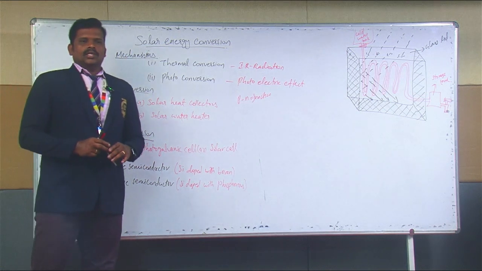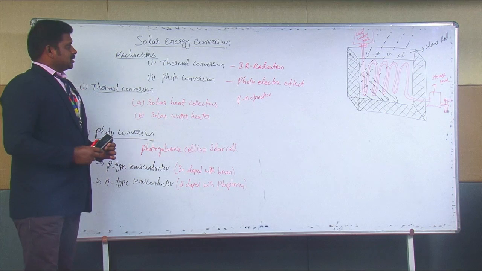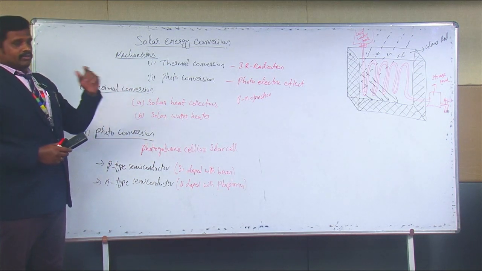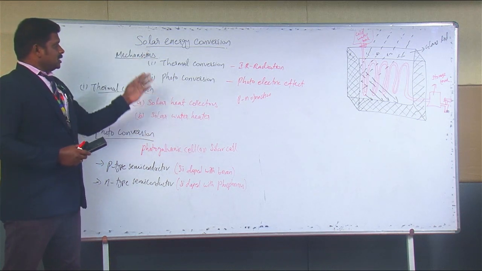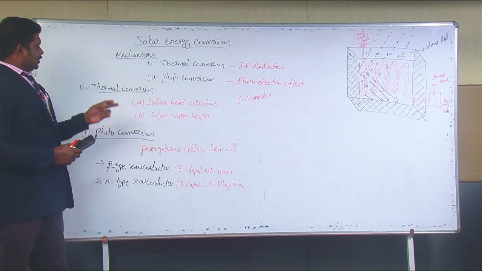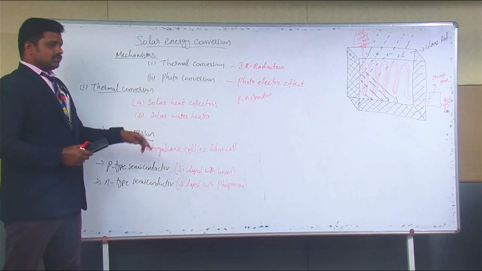So up to this the solar energy conversion is over. Now we are at the end of the session. In this lecture, we have discussed solar energy conversion and the mechanisms followed for it. There is thermal conversion and photo conversion. In thermal conversion, there are two processes we generally use: solar heat collectors and solar water heaters.